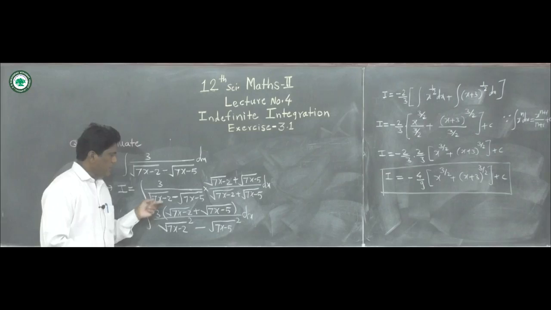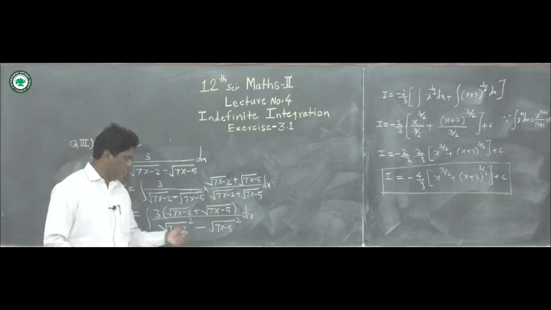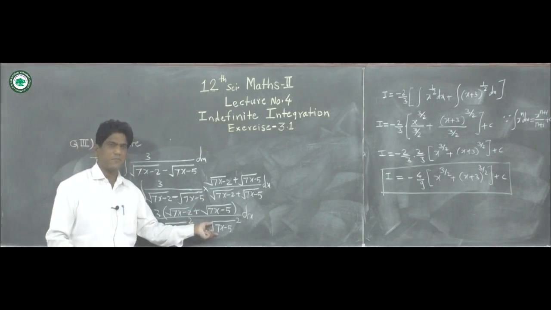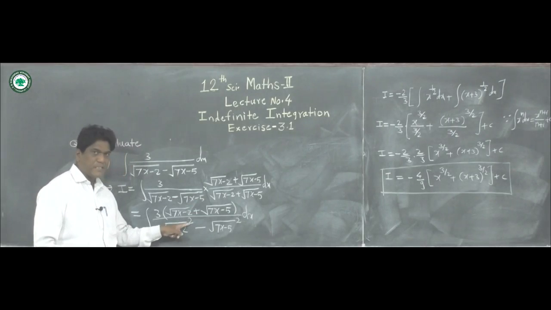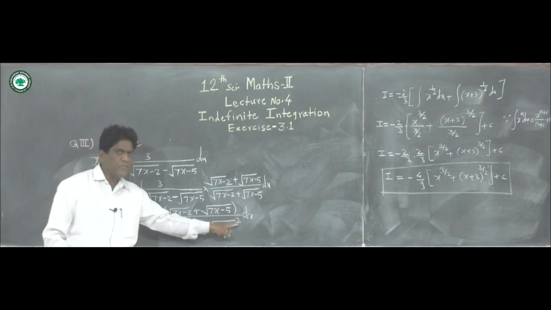Get it? a minus b into a plus b is equal to a square minus b square. Now this square root and square get cancelled. Here also square root and square get cancelled.